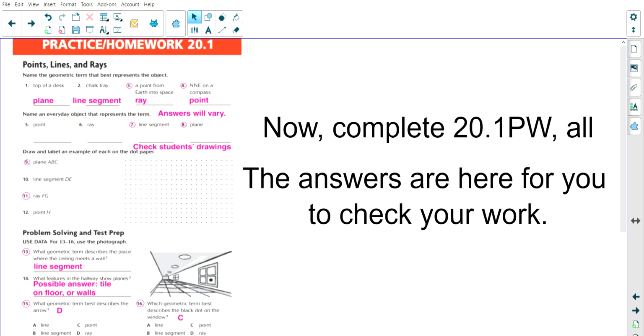And I have the answers here so that you can check your work once you're done, so that you're getting that feedback since I'm not going to be collecting your work anymore. So this is still an assignment. You need to do 20.1. You will get docked down if you don't complete it, so you do need to complete it and do your best. But the answers are here for you so you can check and make sure that you're on the right track.